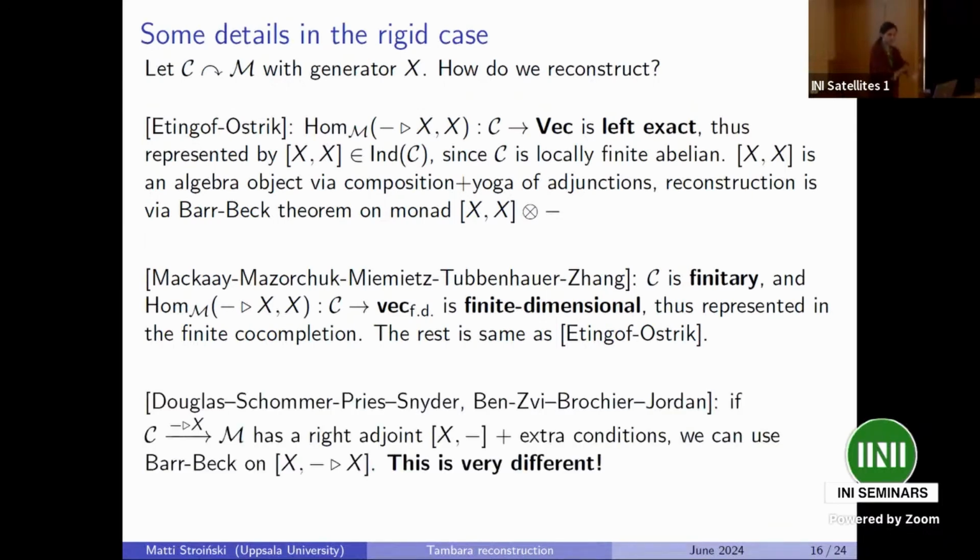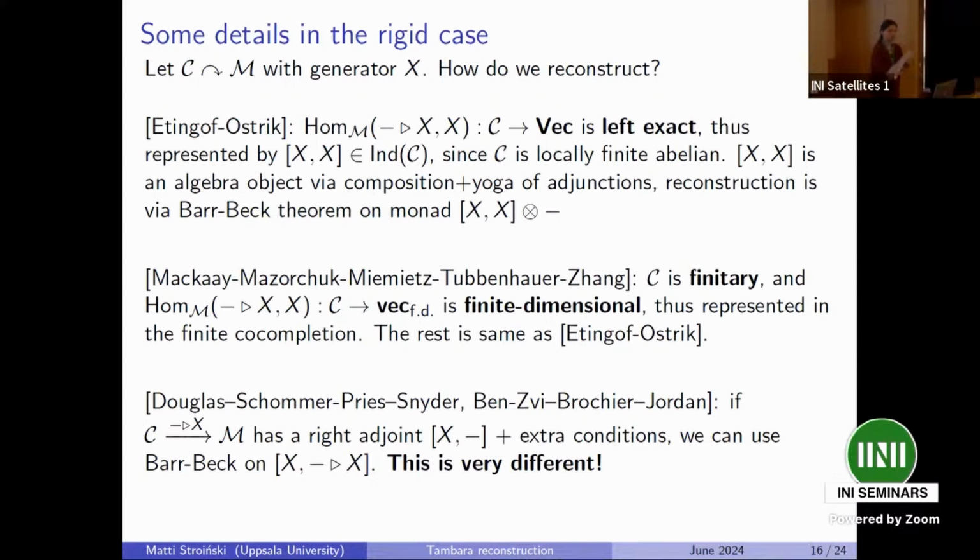And then there are two papers which don't really study this reconstruction process as their main objective, but they take a slightly different route. Namely, they look at this action functor, which takes my generator and acts on it, so it's a functor from C to M. Then we observe that this has a right adjoint because of our finiteness assumptions. And then we say, okay, this is the right adjoint, let's compose the two, we get a monad, and now we do Beck on this.